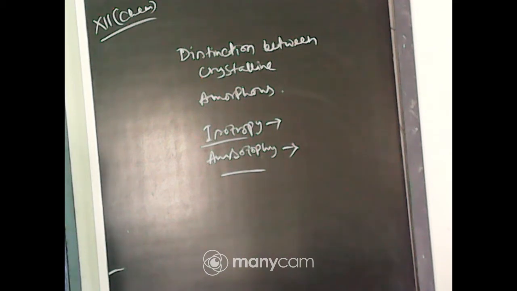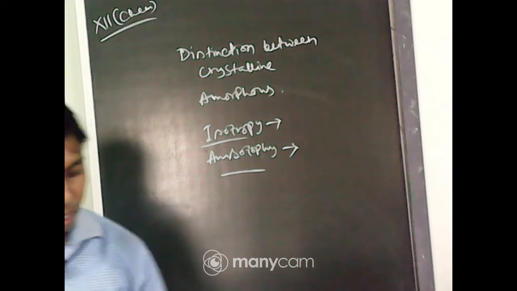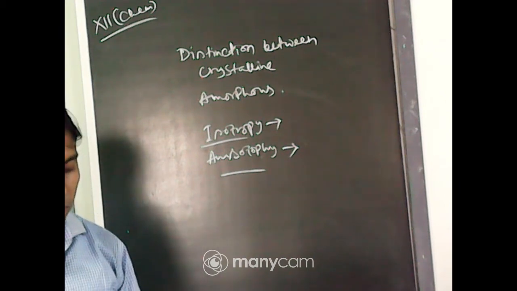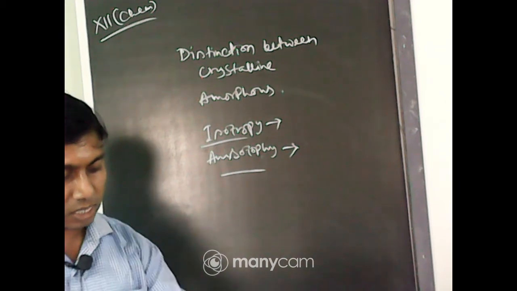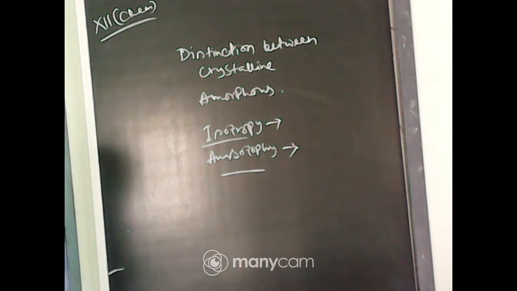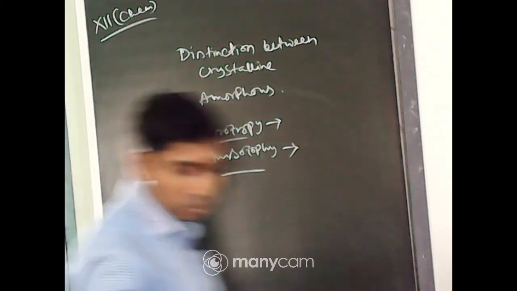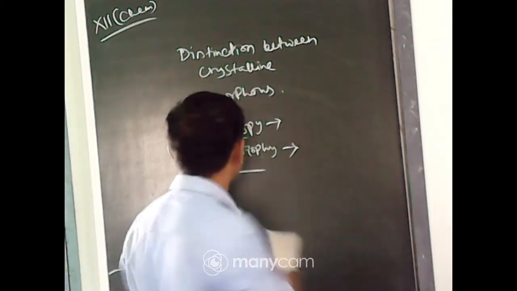Suppose we draw the figure, then it would be different. Okay, so that is the crystalline substance and amorphous substance. Now, regarding the physical texture of crystalline and amorphous solids, there may be differences, and they may be differentiated.